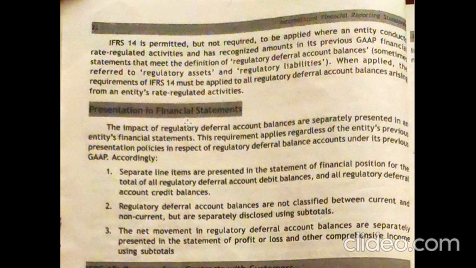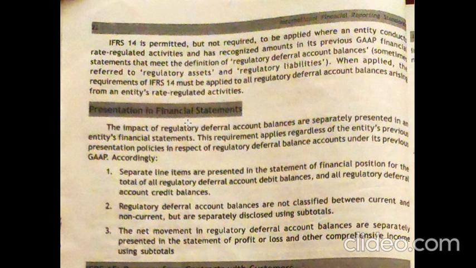It has a separate heading called deferral payments, deferral receipts and payments. Under that, as a subtotal, it will appear in the financial statement. The net movement in regulatory deferral account balances is separately presented in the statement of profit and loss and other comprehensive income using subtotals.